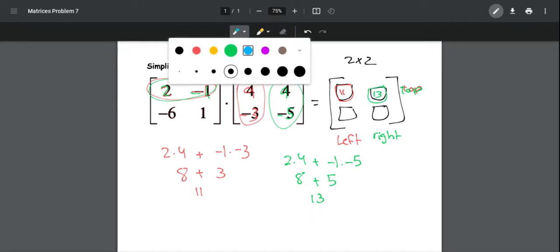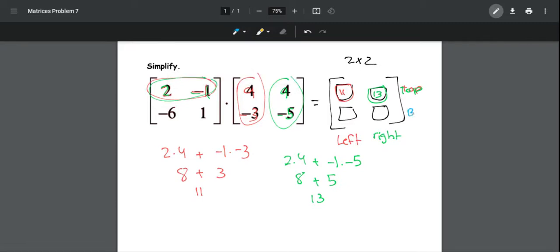And now we're going to look at the bottom row and the left column. We're going to take the -6 and multiply by 4, then add 1 times -3.